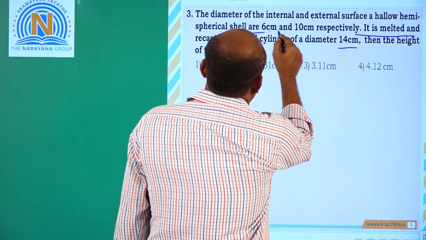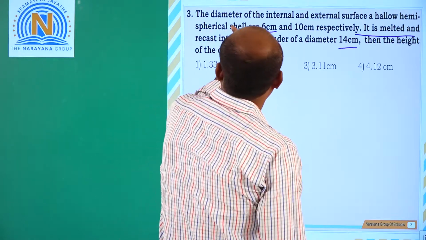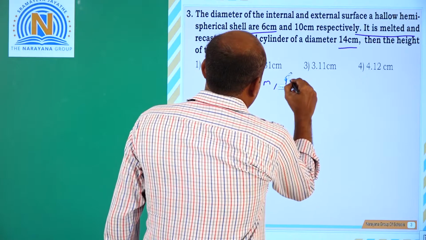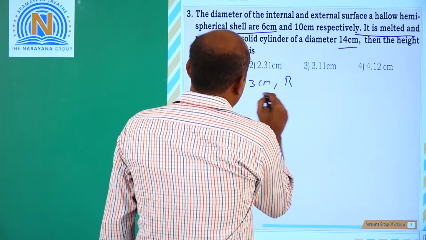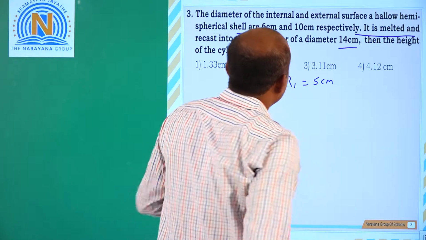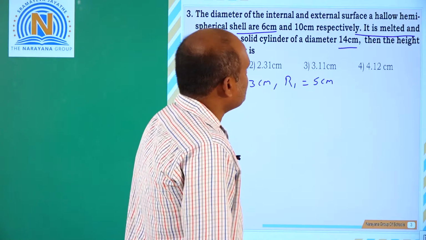For the internal and external hemisphere, small r1 is equal to 3 centimeters, and capital R1 is equal to 5 centimeters. So inner radius is 3 centimeters, outer radius is 5 centimeters.